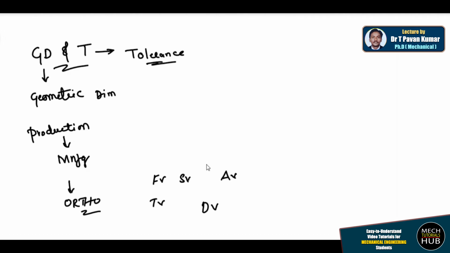It is nothing but dimensions that are permitted to vary. For example, whenever you talk about dimensioning, we can say that a specified dimension of an object or a component or a feature is permitted to vary or allowed to vary.